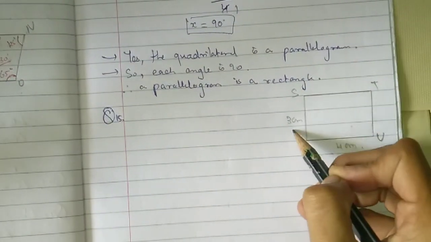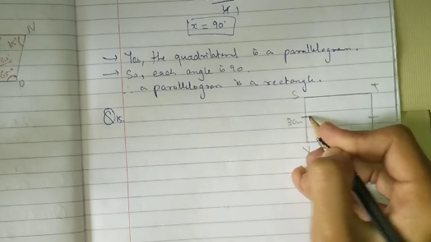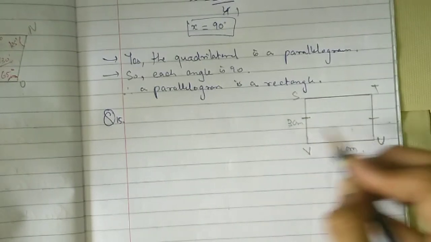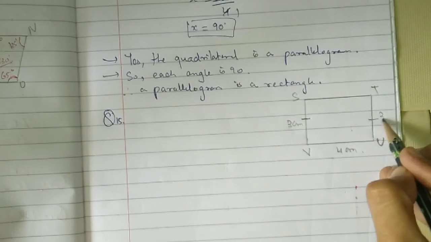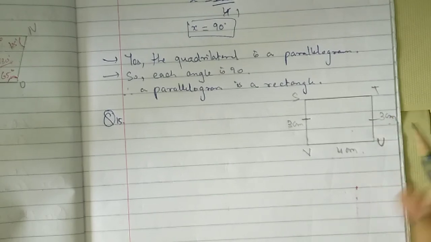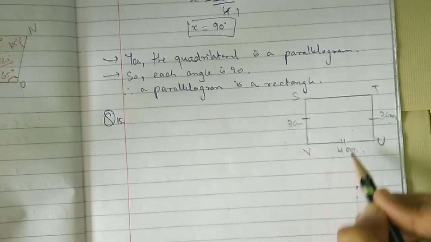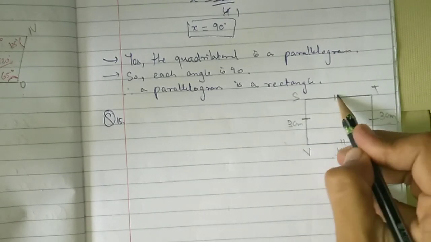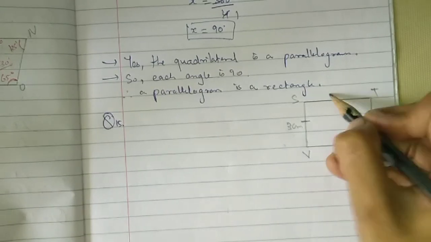Now this is 3 cm. In a parallelogram, opposite sides are the same. So if this is 3 cm, this is also 3 cm because it is the opposite side. Now this is 4 cm, so this one is also 4 cm.